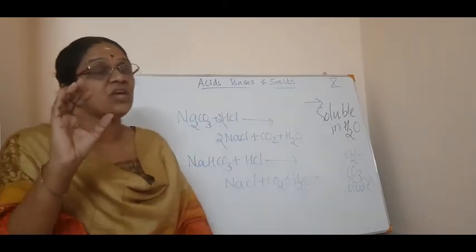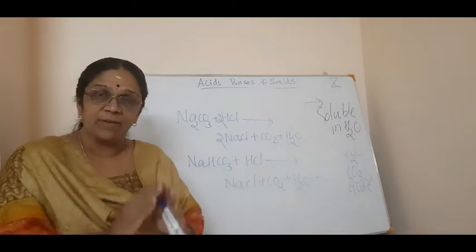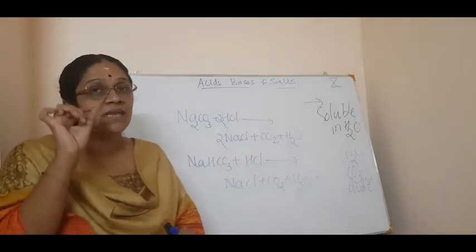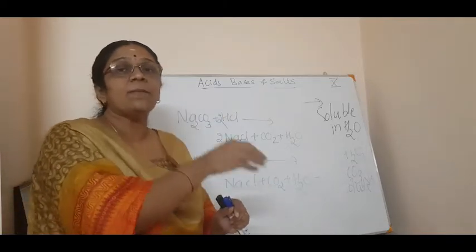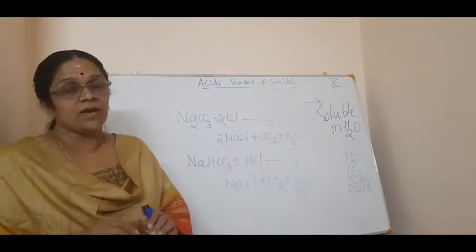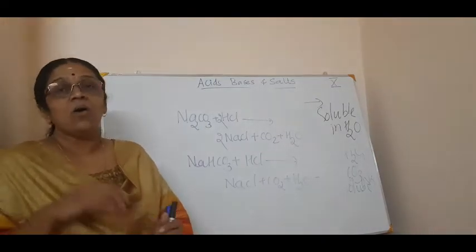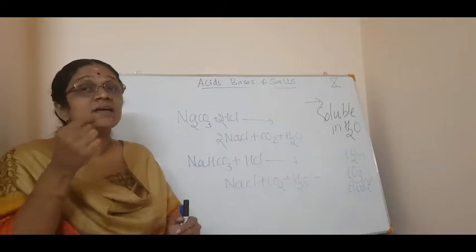So what is the generic equation? When a metal carbonate or a bicarbonate is treated with an acid, you will get the corresponding salt plus carbon dioxide plus water. Clear?